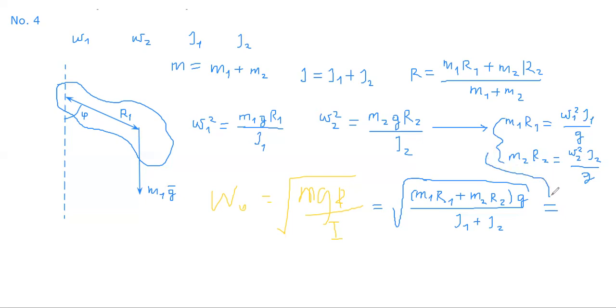We can use this here. And from here we have that it will be the square root of omega 1 squared I1 plus omega 2 squared I2, divided by I1 plus I2.